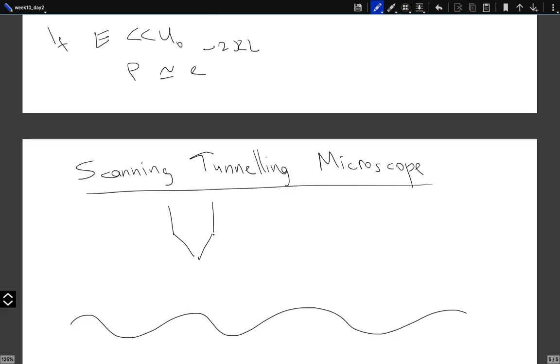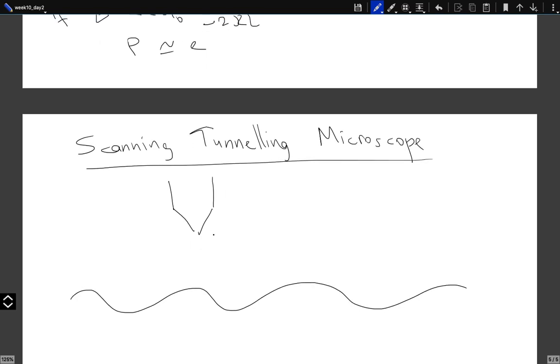Now, if you think of this as some potentials, in this conductor, it has to be a conductor, the electron is in a potential well. The electrons on the tip, which is also a conductor, are also in a potential well. So we have two regions, this region and that region, which have a low potential for the electron. And then there is this region, which has a high potential energy for the electron.